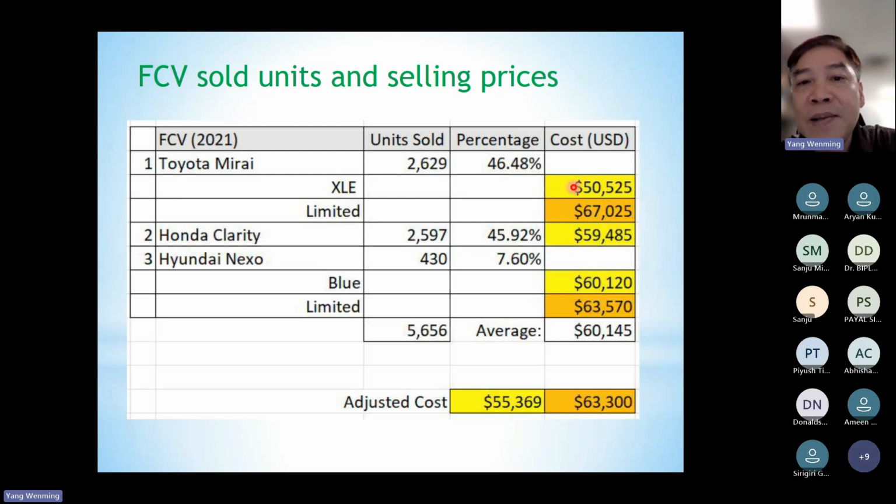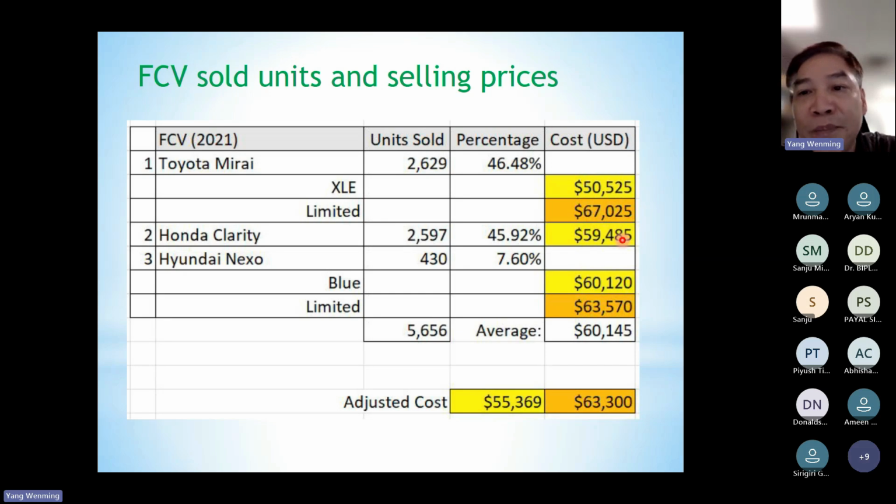The XLE costs about 50,000 US dollars, and the Limited model is more expensive, about 76,000. The second most popular model is the Honda Clarity. Total sold is 2,597, and the market share is about 46%, and the price is about 59,000.